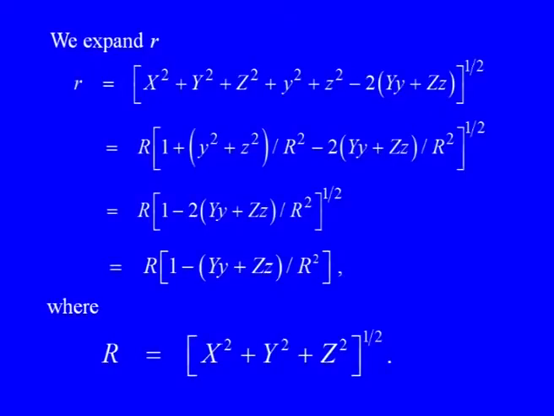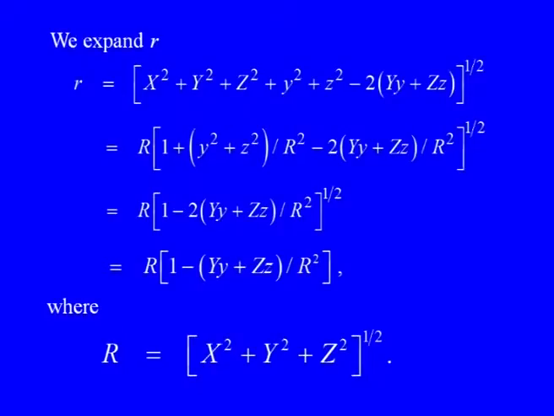Capital X square plus capital Y square plus capital Z square gives me capital R square. So, we take R common outside within the square brackets, then we have 1 plus a term y square plus z square upon R square, and the last term which is minus twice of capital Y y plus capital Z z upon R square, whole square root.